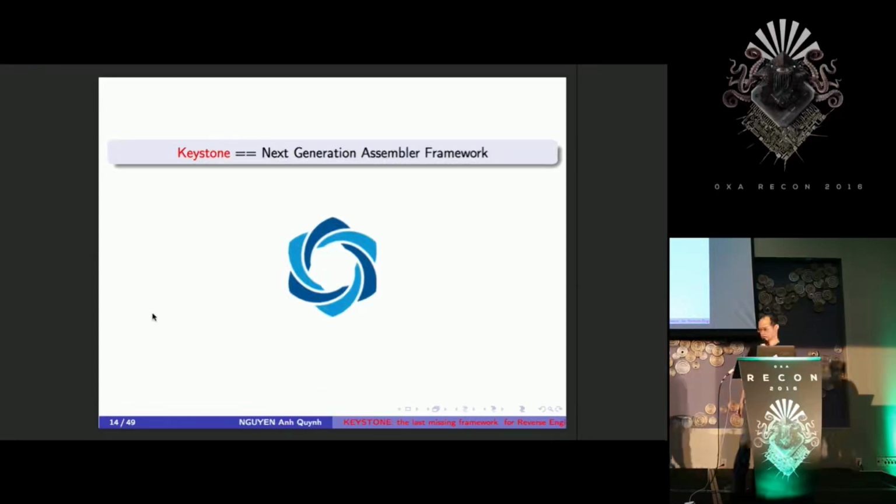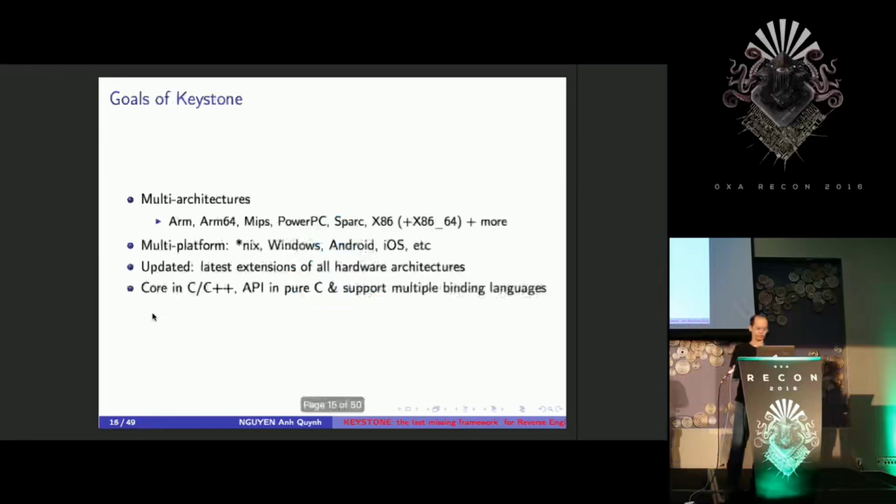Okay, so next part is the ideas behind Keystone and how it's designed and implemented. We want something multi-architecture, multi-platform, and updated. The core is in C or C++, but the API should be in plain C and support multiple bindings on top of that.